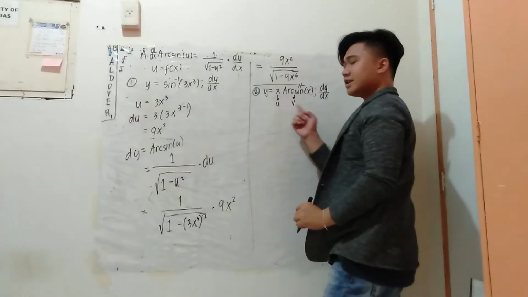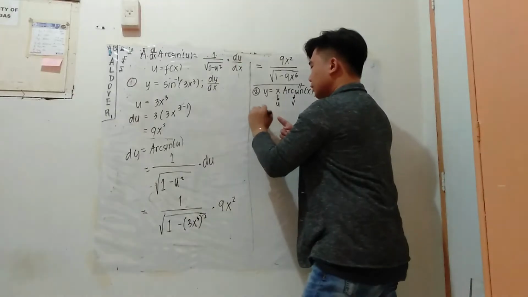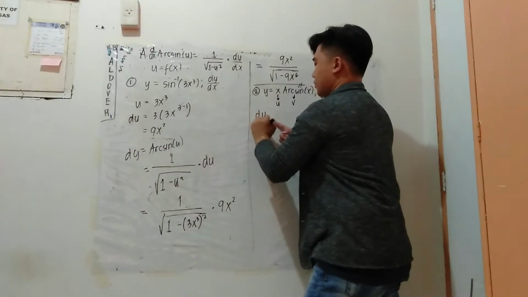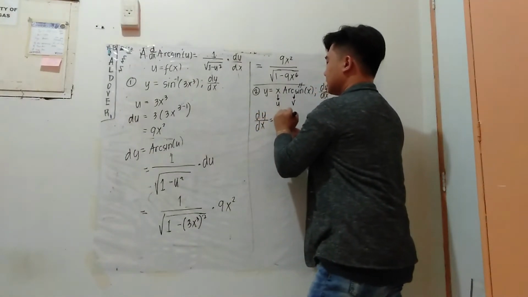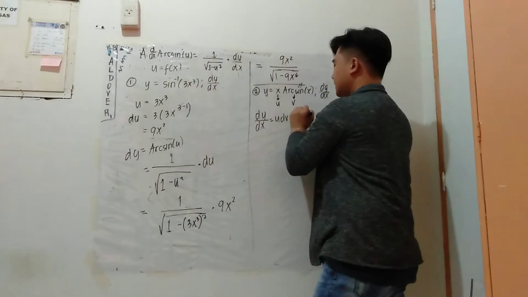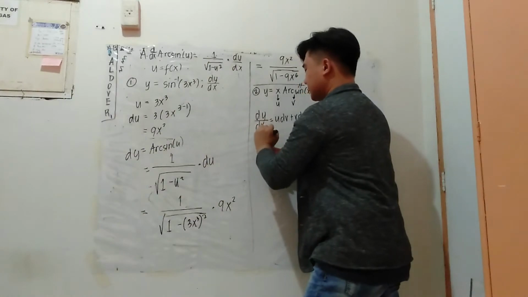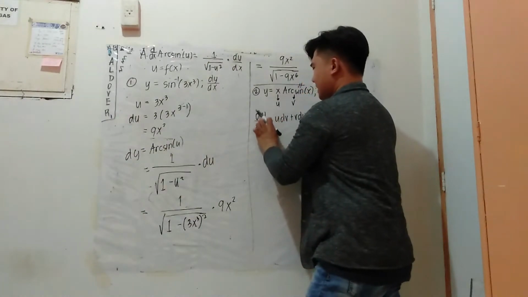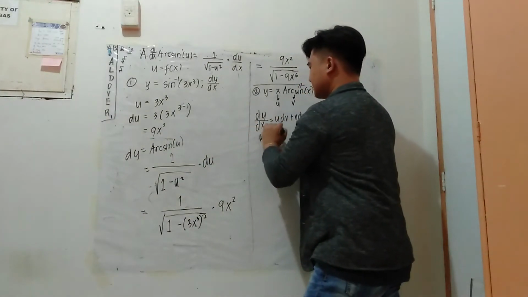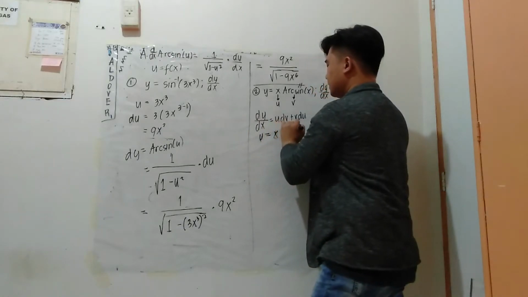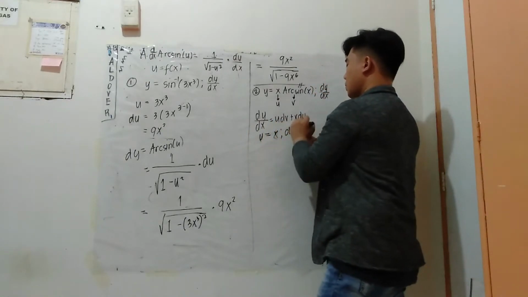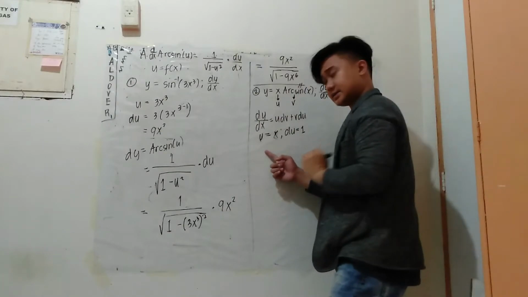At kapag may u at v, edi meron akong u dv plus v du. Okay? So, u is equals to x, du is equals to 1. Derivative lang po ng x.